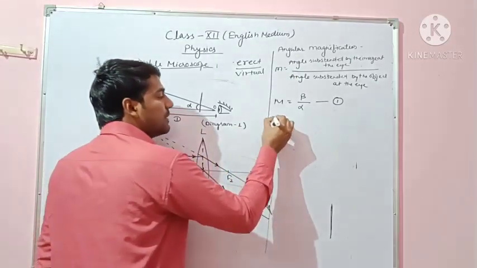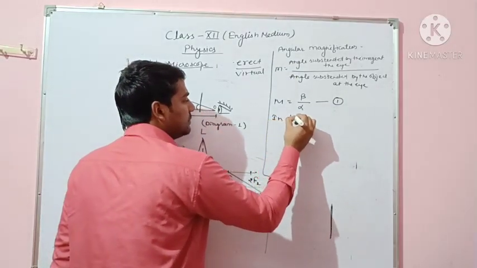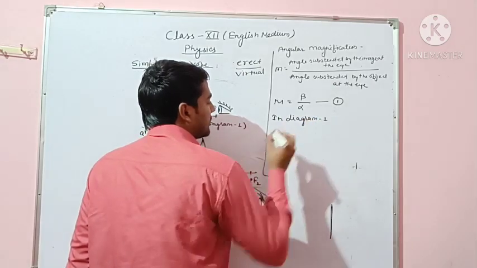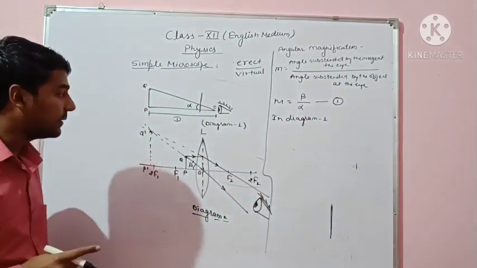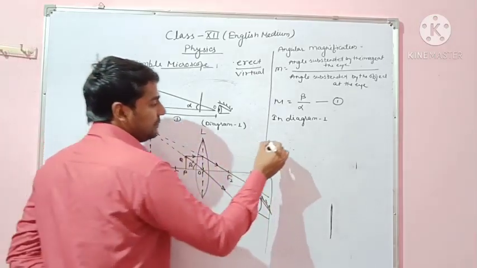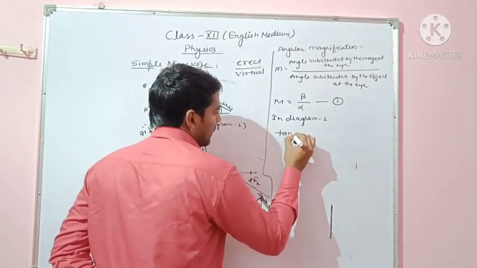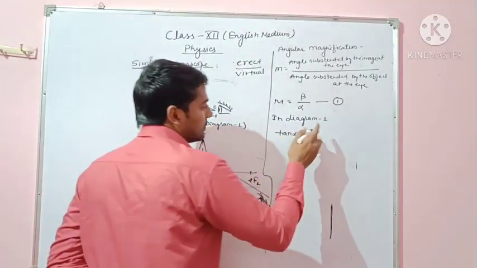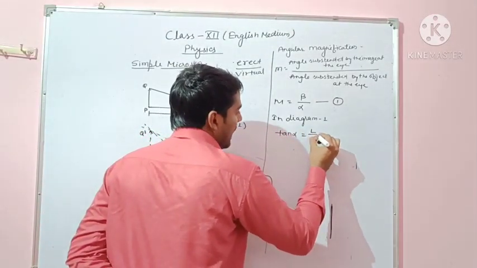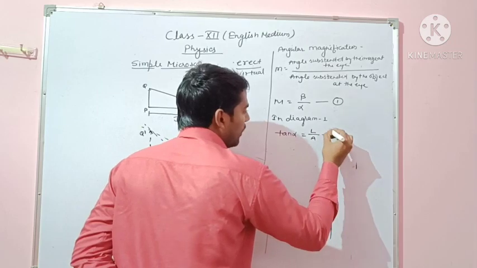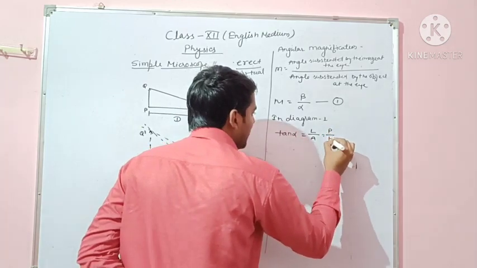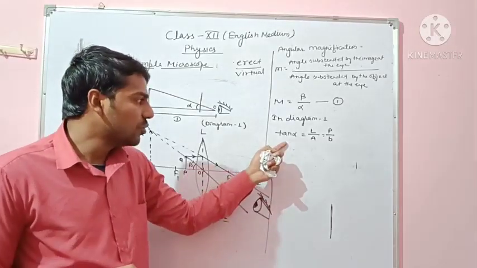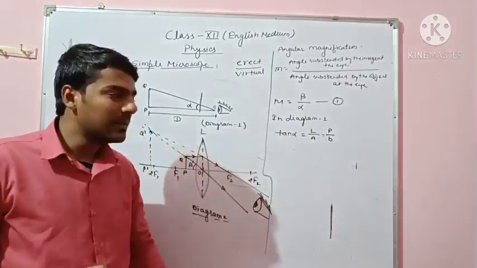In diagram first, we have to calculate tan alpha. Tan alpha equals perpendicular upon base.